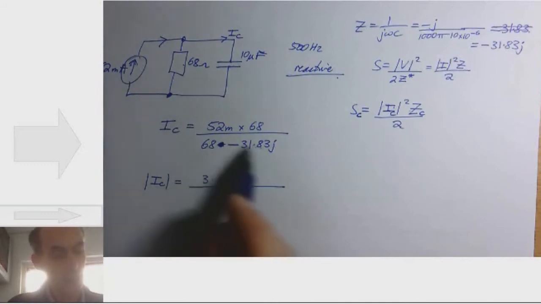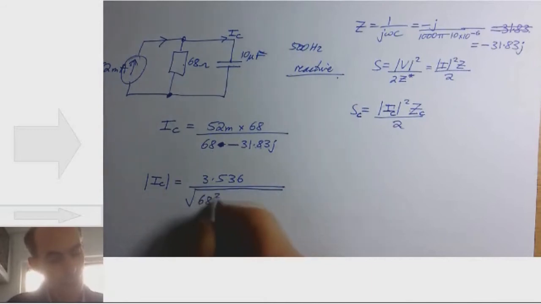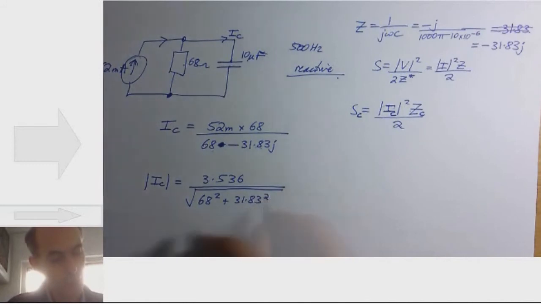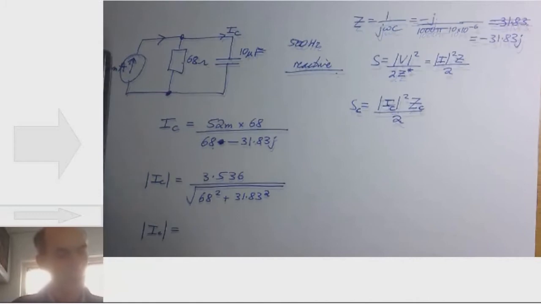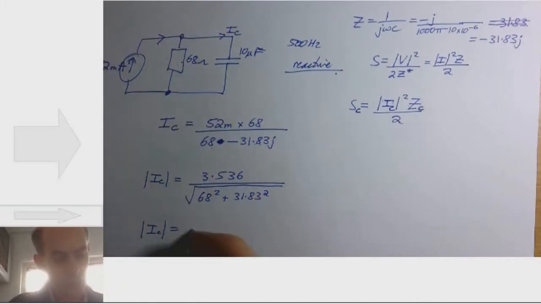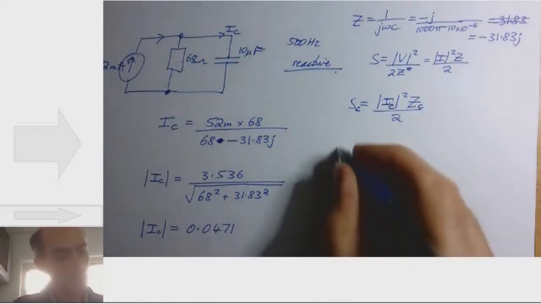And again, good old Pythagoras can help with that. 68 squared plus 31.83 squared, that would give me a magnitude of my current of 0.0471 approximately.